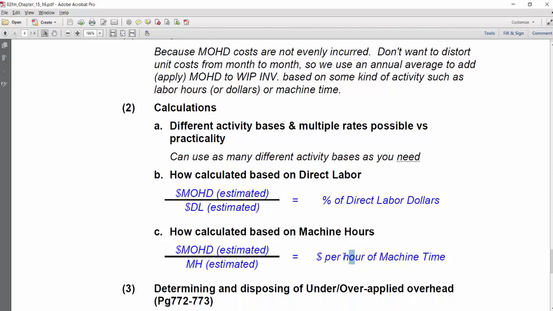Now what do you do at the end of the period? Because we're estimating how much we're going to have in manufacturing overhead, estimating how much we're going to have in, say, direct labor, and then what we actually have could be pretty different from that. Well, you might end up with more overhead applied to work in process than you should have, or you might end up with less overhead applied to work in process than you should have.